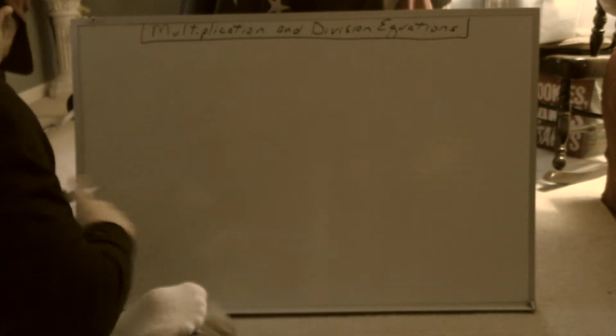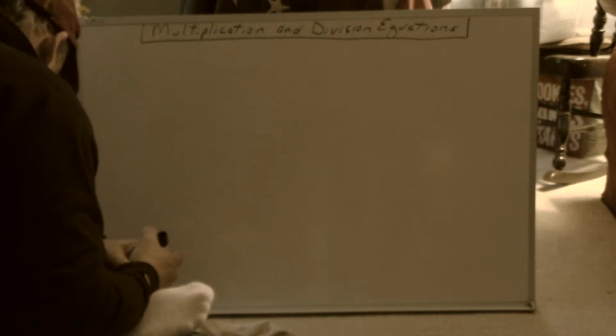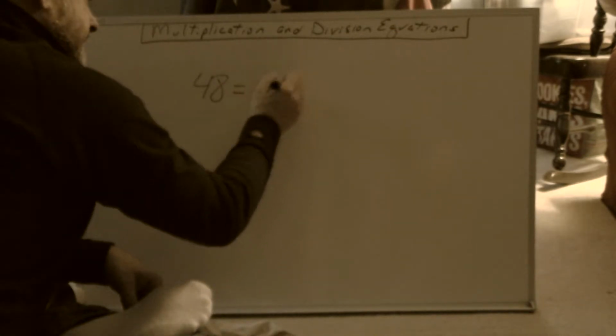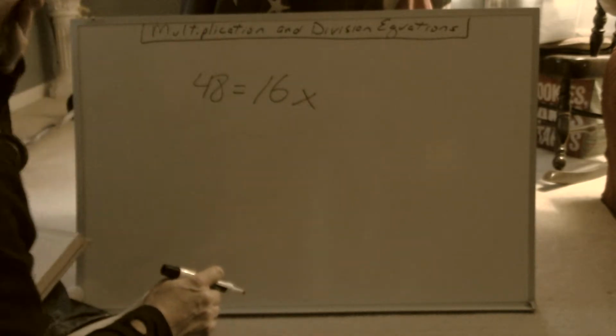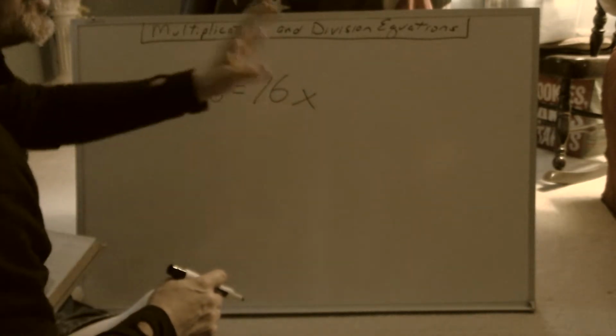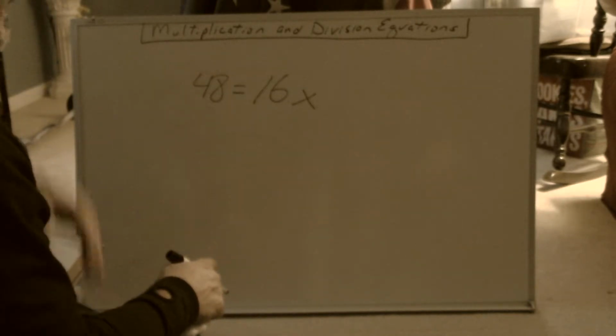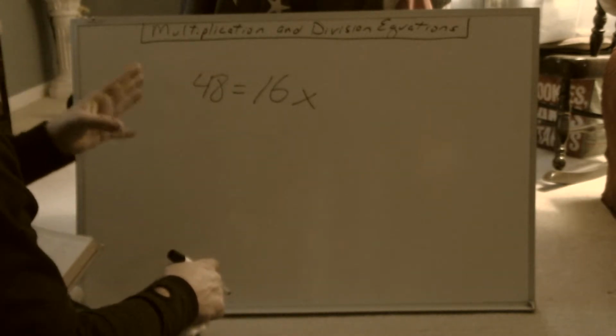Let's do a few more. 48 equals 16x. Which means 16 times what number equals 48? Well, we could think of it ourselves, right? But let's do it right.